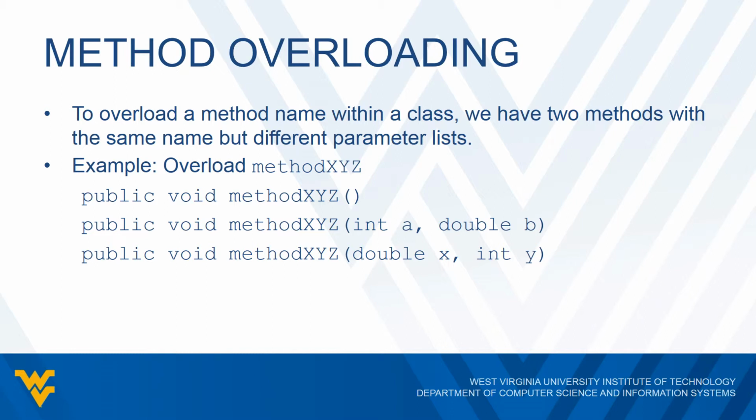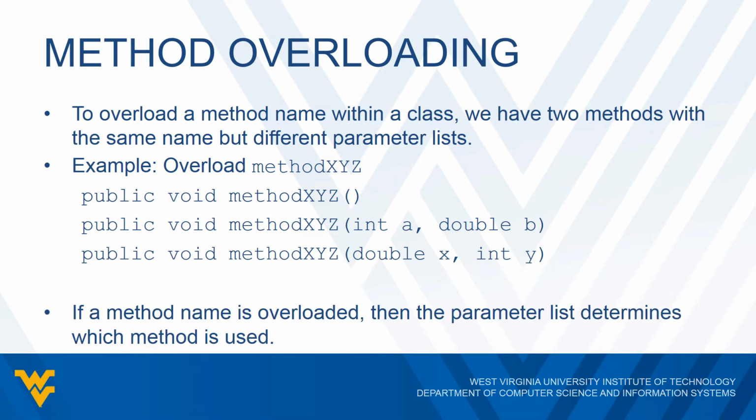They all have the same name, but different parameter lists, because the first one has 0 parameters and the other 2 have 2 parameters, so we know the first method is different. The parameter lists are also different for the second and third definitions of xyz, because the second one has an int and then a double, and the third one has a double and an int. All 3 of these are perfectly valid in the same class.